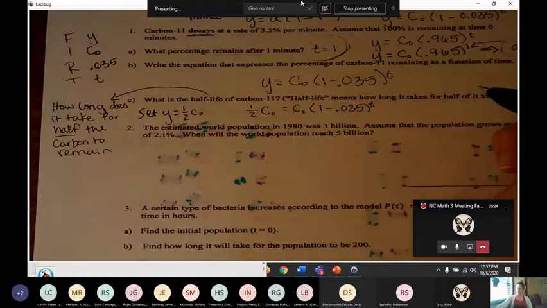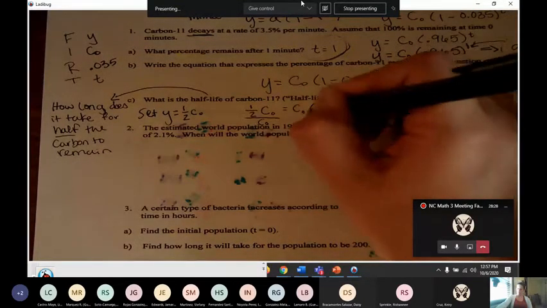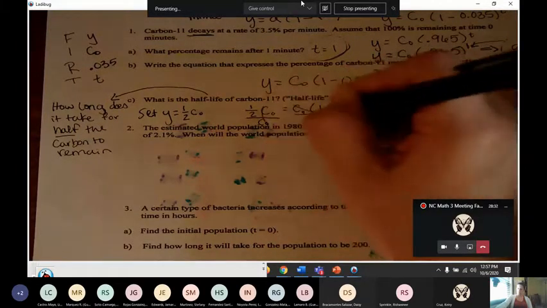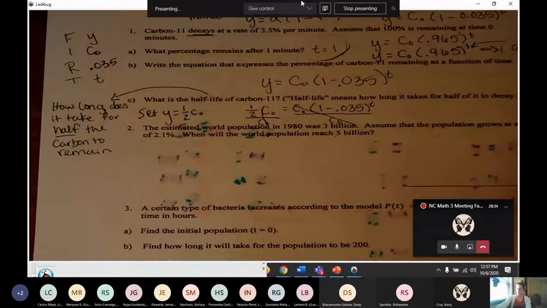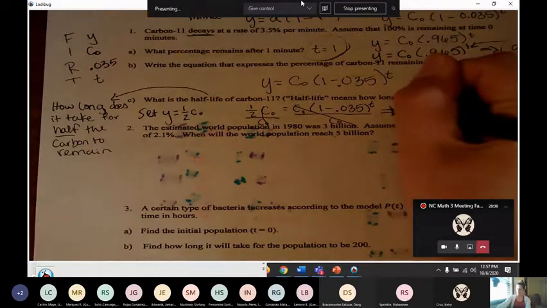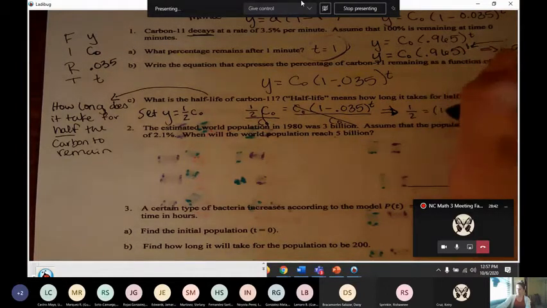Now notice I can divide by C0 on both sides, and I can cancel those C0s out. So I end up with the function 1/2 equals 1 minus 0.035 to the T power.